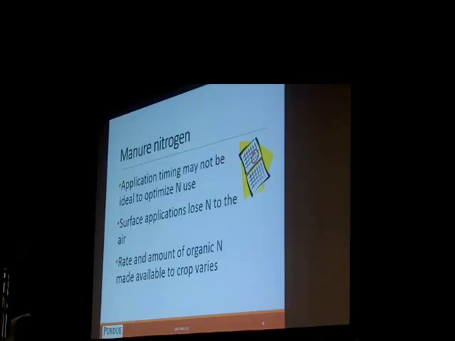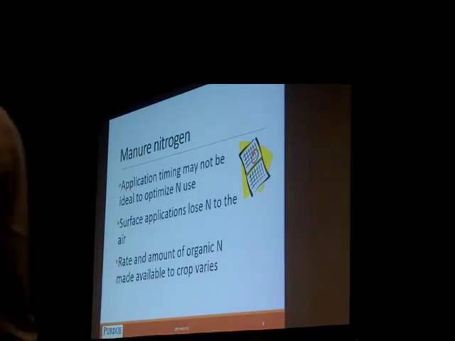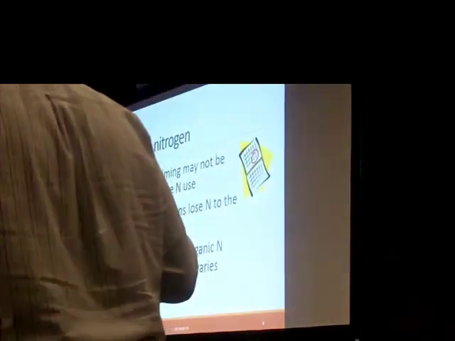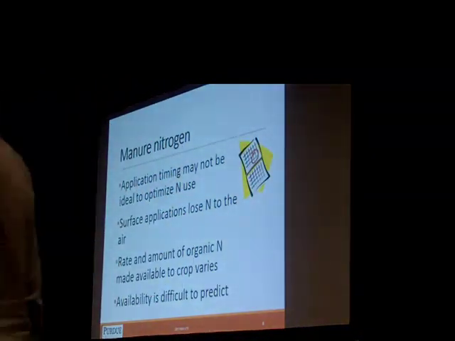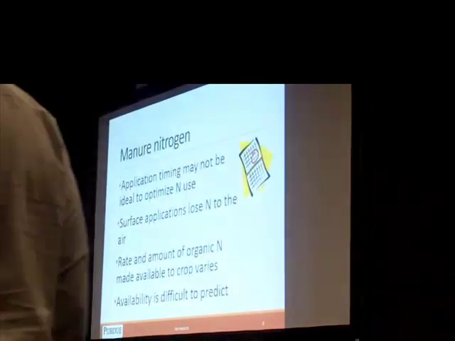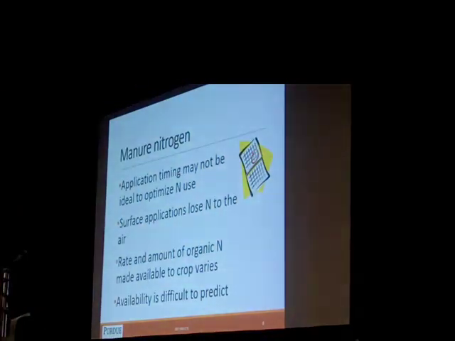And the availability is dependent on temperature, moisture, soil type, incorporation, and all of those factors. That's something we have to estimate, and it varies from year to year. I just state the obvious: availability is difficult to predict. So we're doing a lot of estimating and guessing and assuming in determining nitrogen availability.